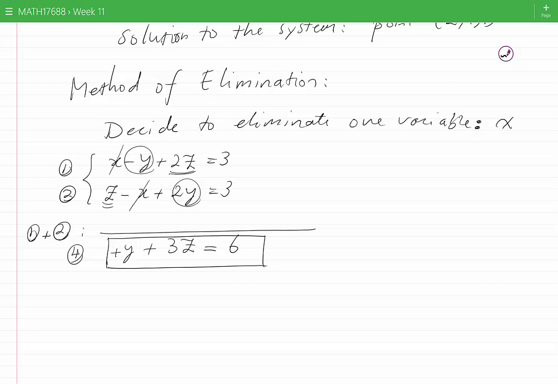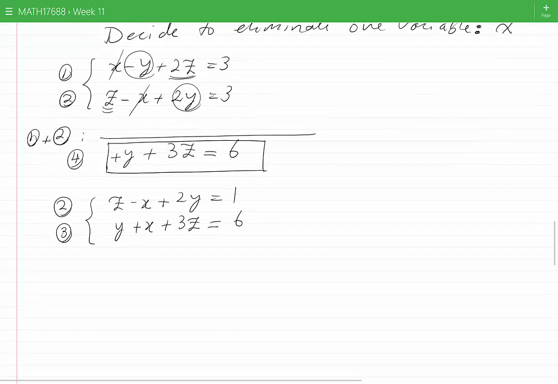Now I consider equations 2 and 3. They read z minus x plus 2y is equal to 1 and y plus x plus 3z is equal to 6. Once again, I observe that by simply adding the 2 equations, I can get an equation which does not involve x.